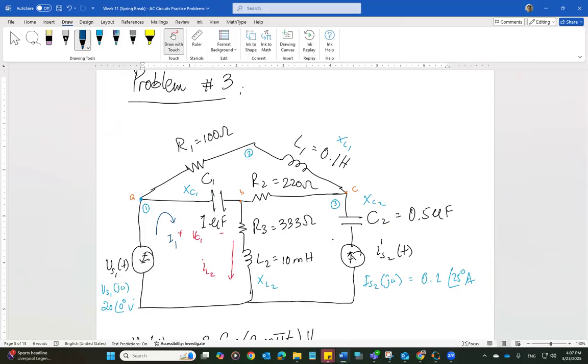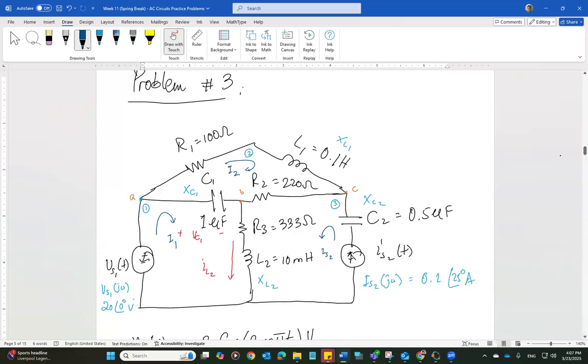We already have current IS2 in this mesh, so we don't have to apply KVL in it. And then again, you can take whichever direction you want in this one. Let's call this current I2.